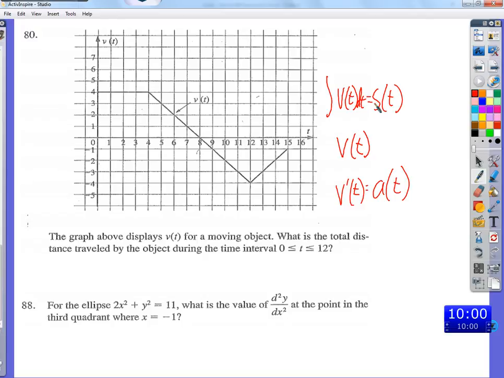Well, if I were to do that, I would want to find the total distance that it traveled from here to there, right? So I want to find the antiderivative from 0 to 12. So not to 15, to 12.